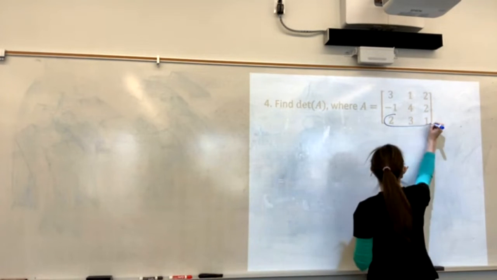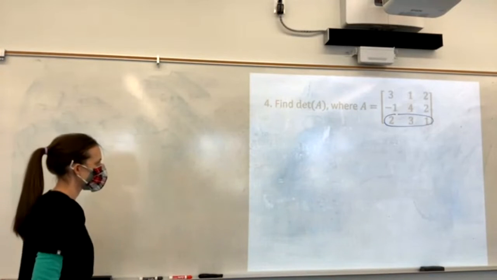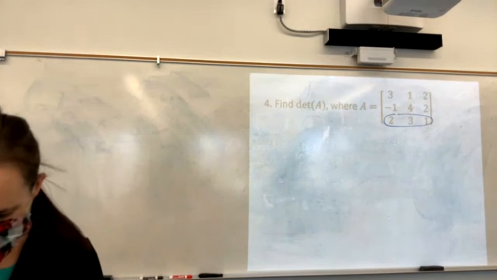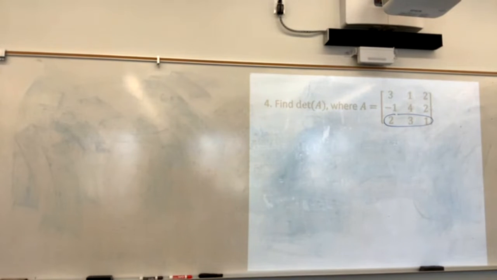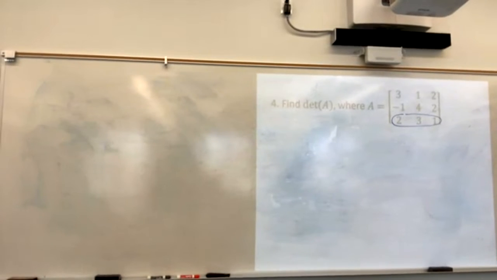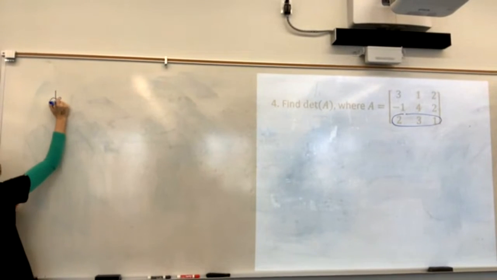All right, so we're going to work our way across row 3. I'm going to come over here just to have a little bit more room, but I may need to move my camera back. All right, so let's compute.